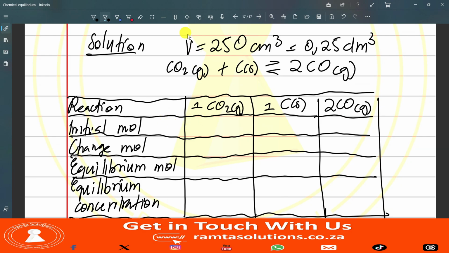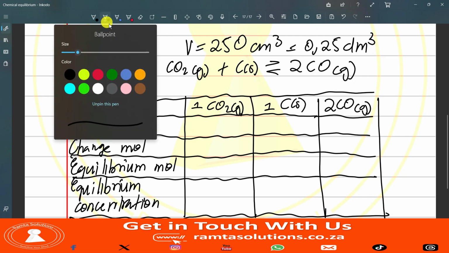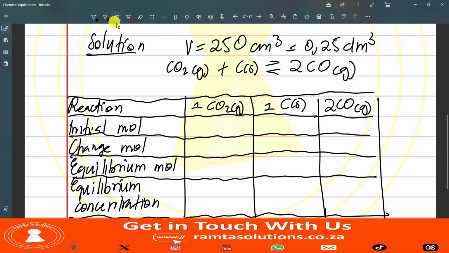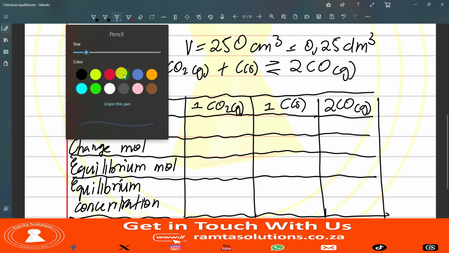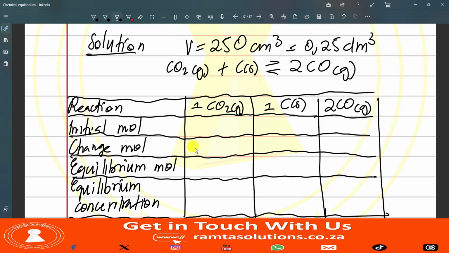But before that, I needed to note something. Reactants will have a negative change. So when you come to this point, please use a pencil. I'm using a pencil here. The coefficient here is 1, so please represent it as negative 1x because it's a reactant.